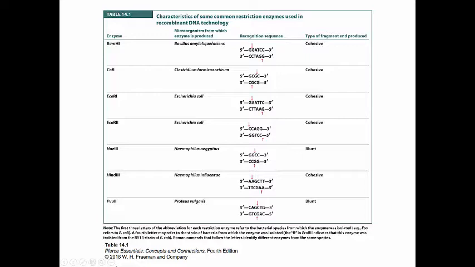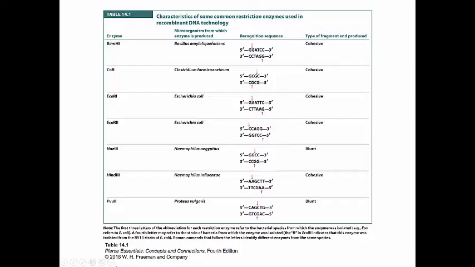So one of the issues with that is that in a large genome, you're going to have many fragments made. Even just by chance alone, a sequence of 4 nucleotide bases is going to occur very frequently.